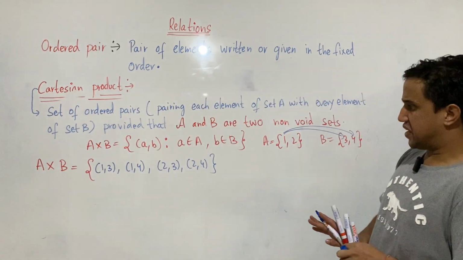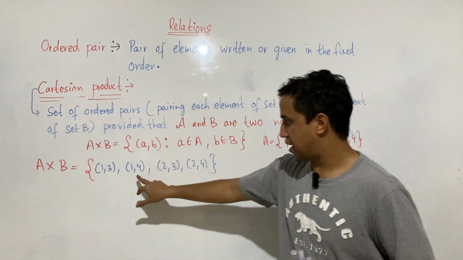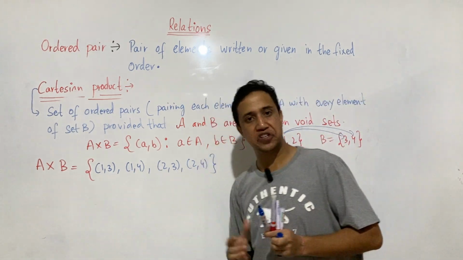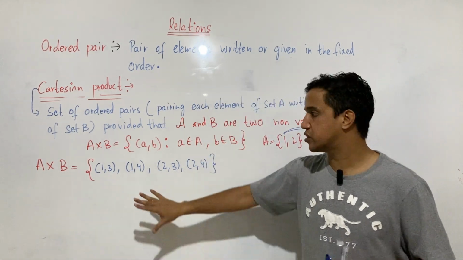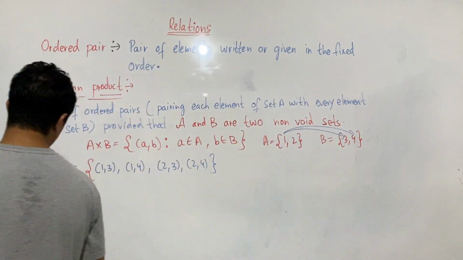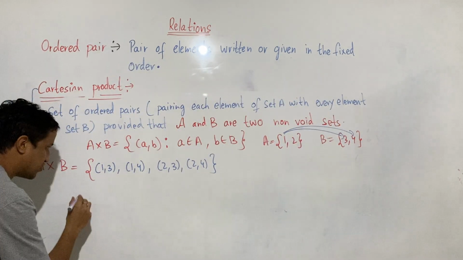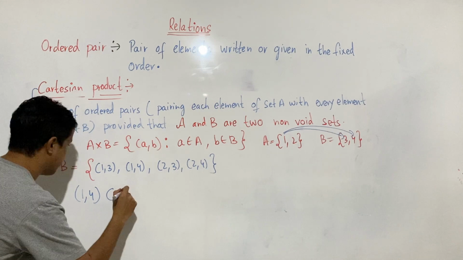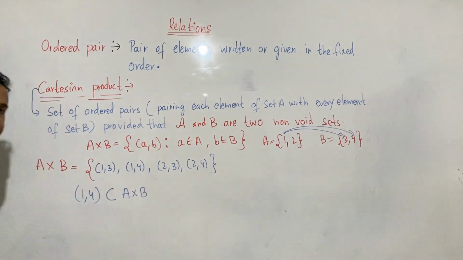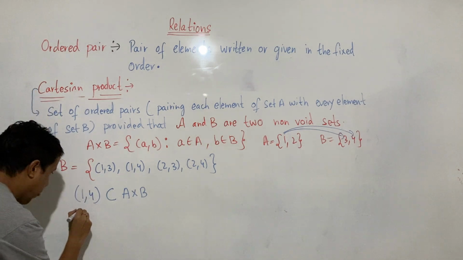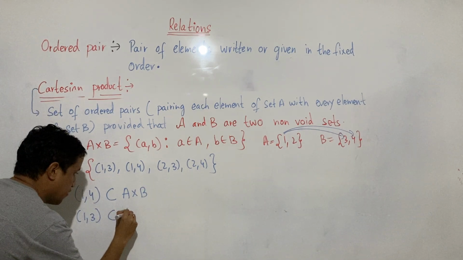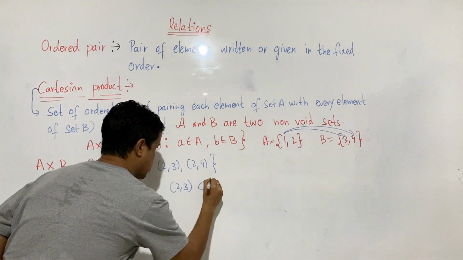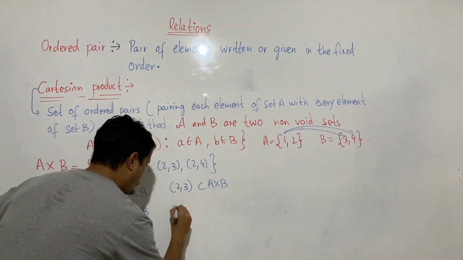Now, if I take any ordered pair from this Cartesian product A cross B, I can say that that particular ordered pair is going to be a subset of A cross B. What I'm trying to say here is that the ordered pair (1, 4) is a subset of A cross B. Same for (1, 3), the ordered pair (2, 3), and the ordered pair (2, 4).